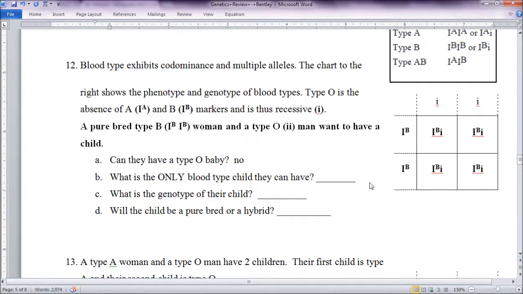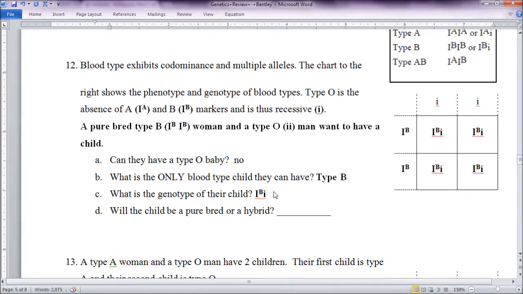What is the only type they can have? IB. The genotype of their child, I'm just going to copy and paste that. So remember, this would have been a phenotype, so I guess I should say type B, while their genotype is what I was trying to say earlier.